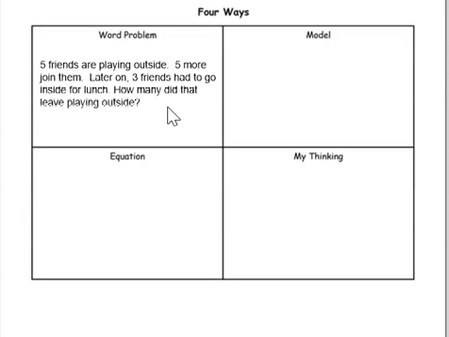Okay, so now let's reread that problem, and think about what those numbers mean. Okay, so 5 friends are playing outside. 5 more join them.